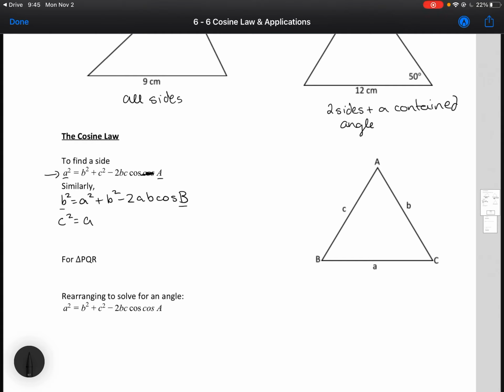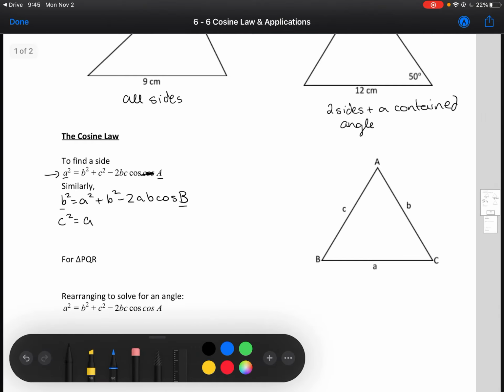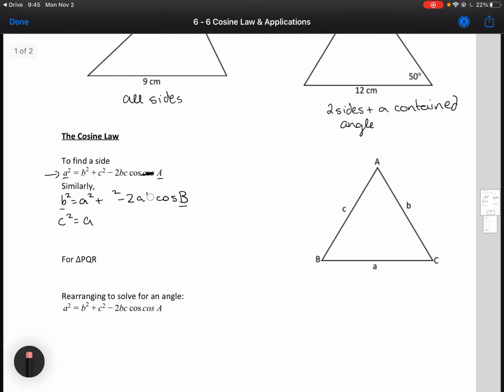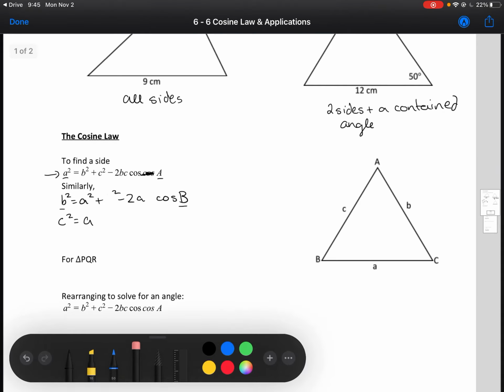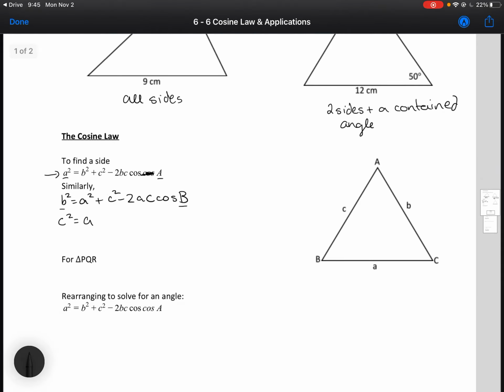We can also write an expression for C here. And then this last one is we're looking for side C, so we've got a squared plus b squared minus 2ab, and then cosine C.